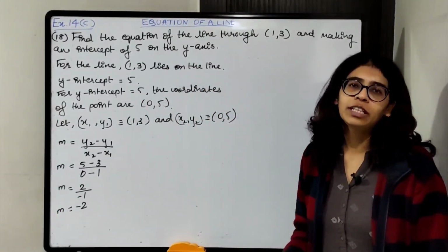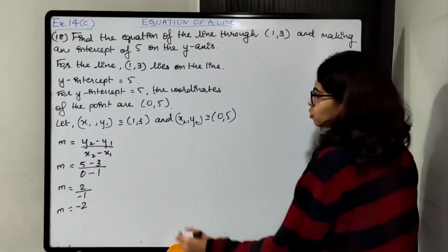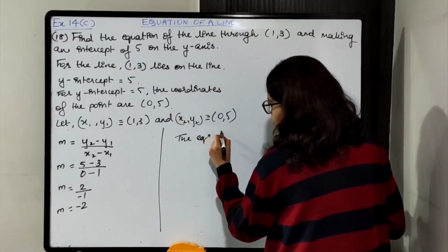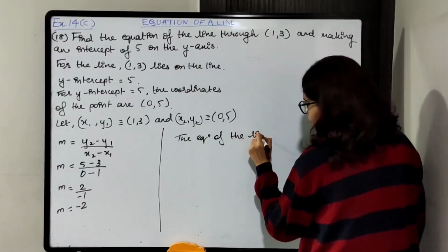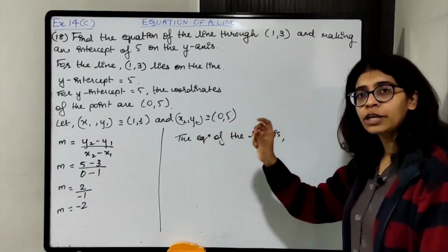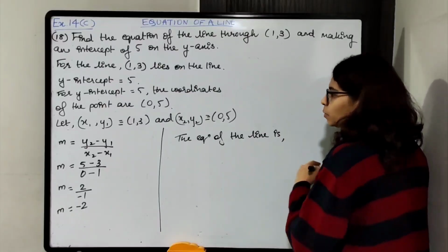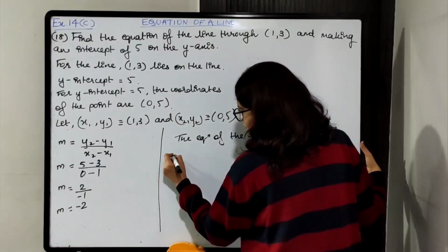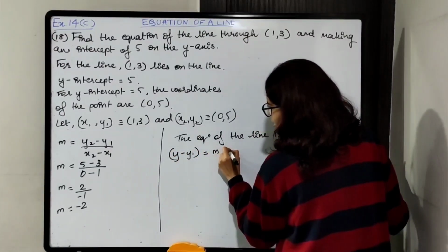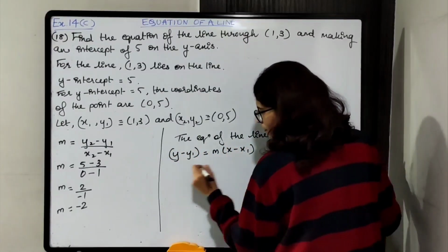Now we need to find the equation of the line. So the equation of the line is, don't use short form, you have to write down the full word, y minus y1 equals m into x minus x1.